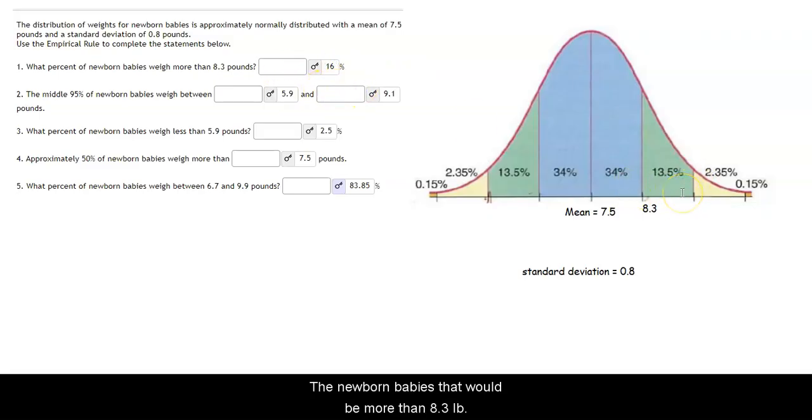The second one says, the middle 95% of newborn babies weigh between what 2 values? As I mentioned earlier, by the empirical rule, 95% of the data is within 2 standard deviations of the mean. So that would be this value here and this value here, this green and blue shaded area.